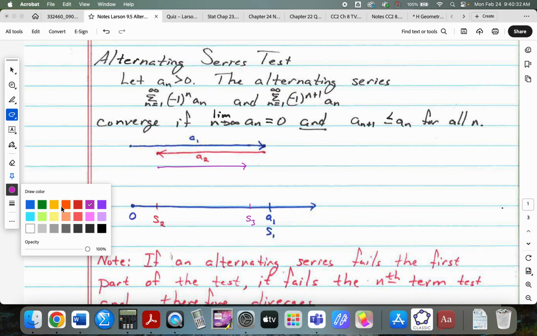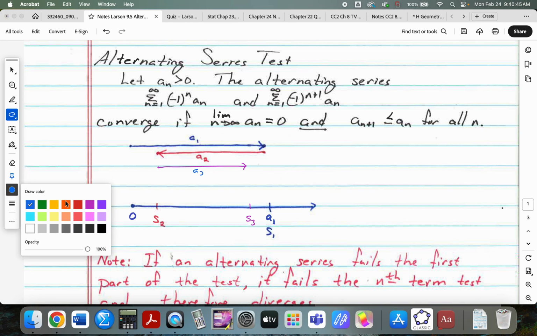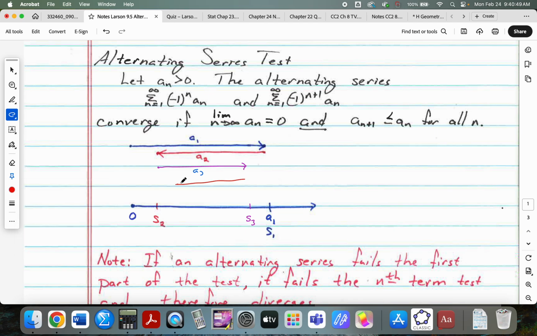And then it's just going to keep bouncing back and forth, but each time, I should have marked that was a sub 3. And from there, we're going to go this way, but we're going to go less than we went before.